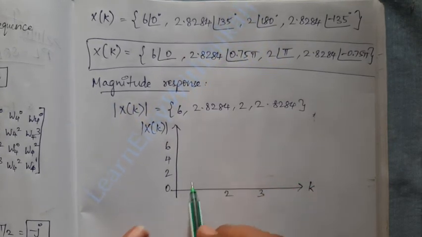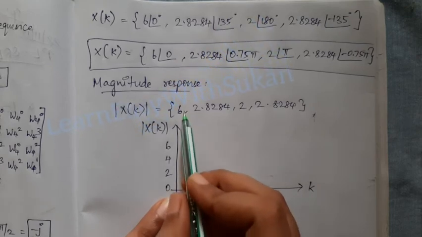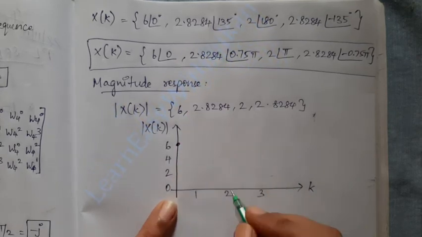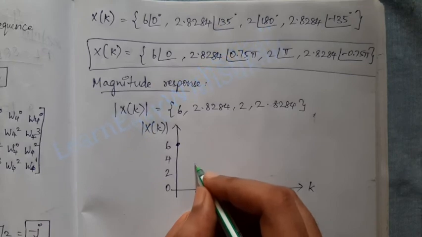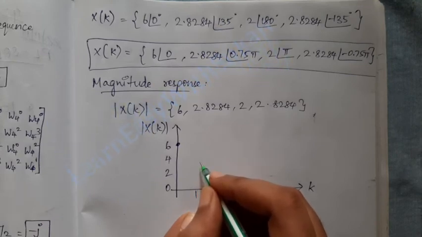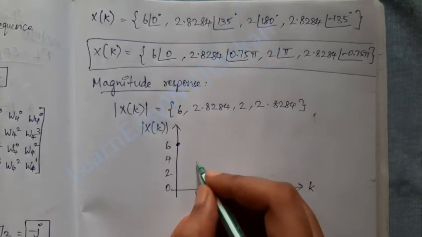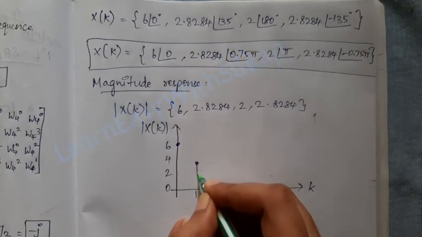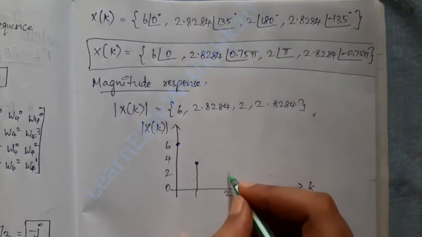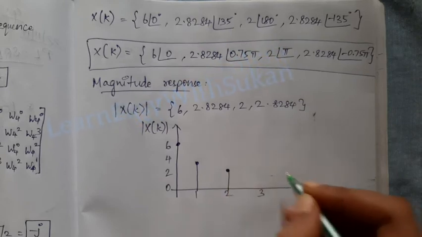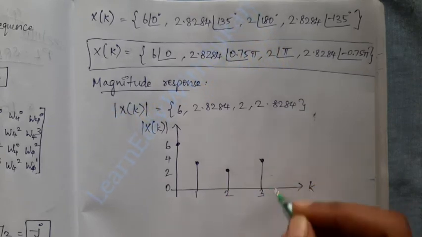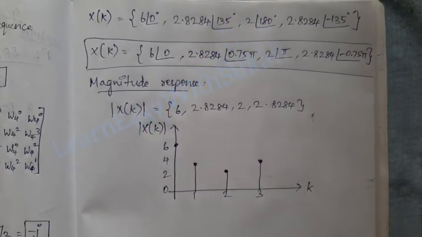So just for the 0th element it is 6. For the first element it is 2.8, so somewhere here, and then 2, again 2.82. This is the magnitude plot.